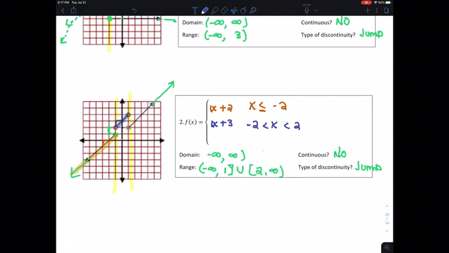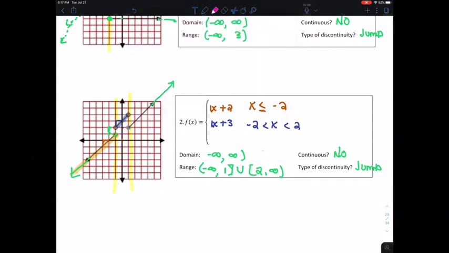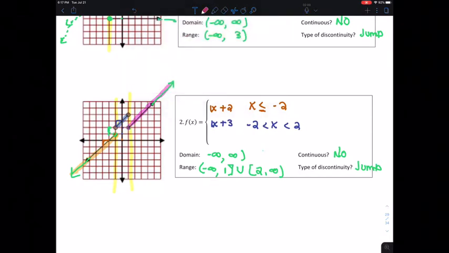Okay? Let's do the next one. Let me get a different color for that one. Let's do pink. And we're going to do this line. So that's that pink line. And again, we see that it is defined when x is greater than or equal to 2, because there's a closed circle.